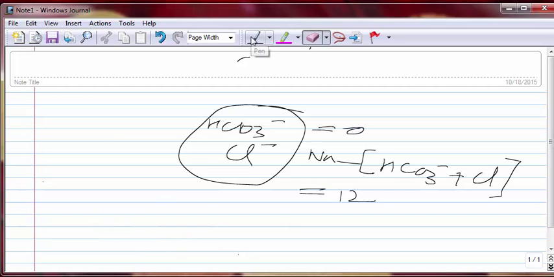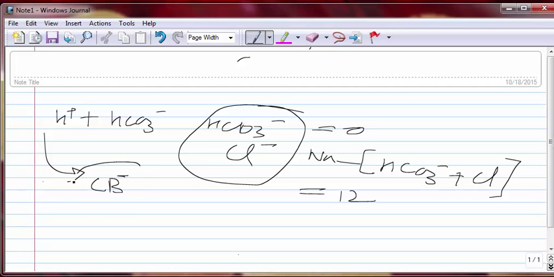Now going back to what bicarb does to the hydrogen ion. There was hydrogen, and we saw that bicarb came and buffered it, and we had an extra negatively charged body in the blood.